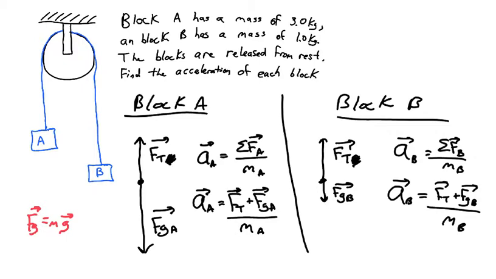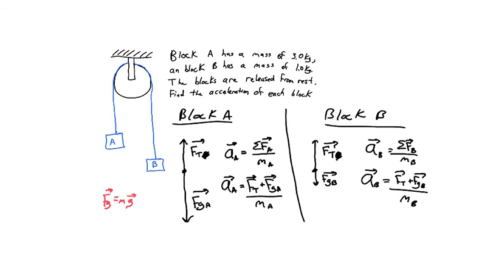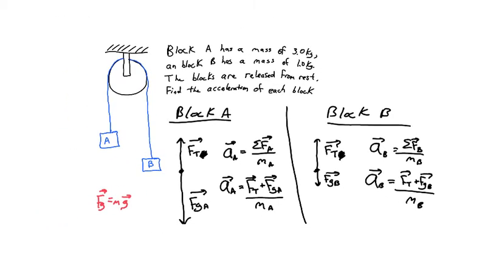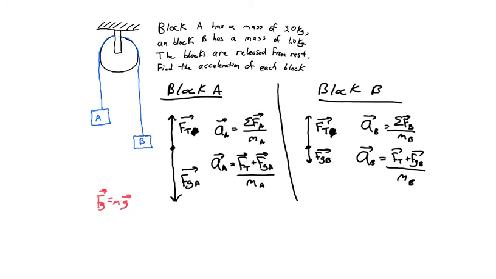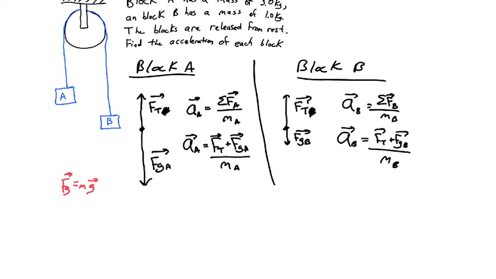And then we kind of get stuck here. We don't have a tension force. We don't have an acceleration for A. Over here, same problem. We don't have the tension force and we don't have the acceleration for B. So what do we do? Well, we need to recognize that these accelerations are going to be equal to each other but in opposite directions.